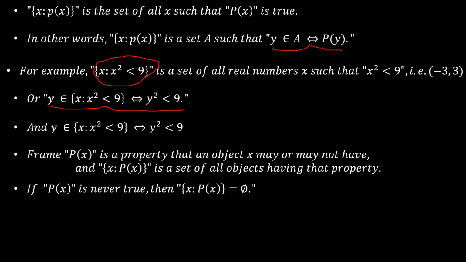If p(x) is never true, then this set is a null set, or an empty set.